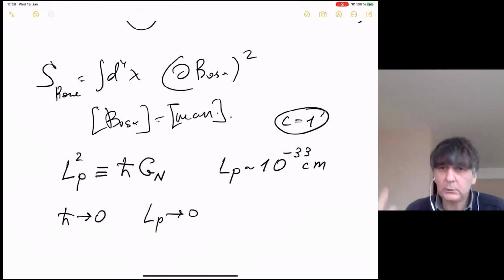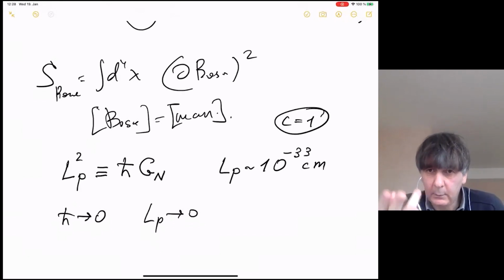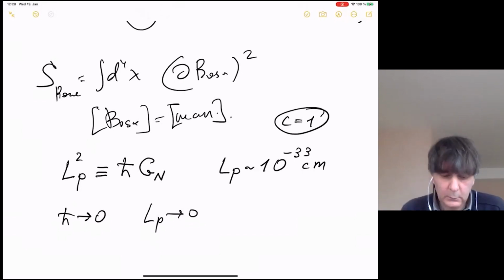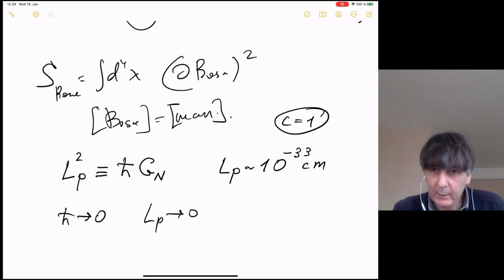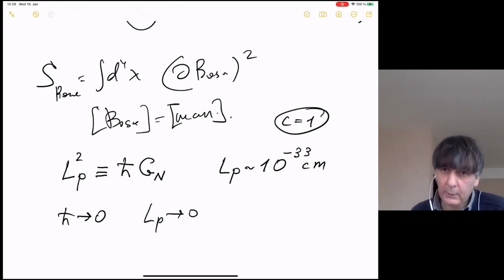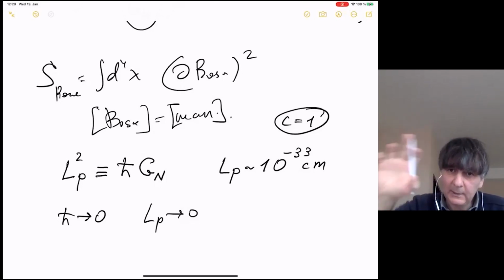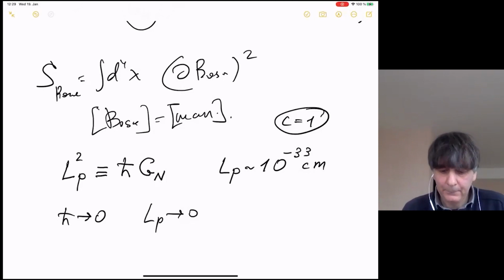So there are 2 ways to make Planck length go to 0. One is to take h bar to 0, in other words, to take the classical theory, or we can keep h bar fixed, but take g Newton to 0, switch off gravity, and again the Planck length goes to 0. This is important to remember. This will be important when we come to the validity of the semi-classical description.